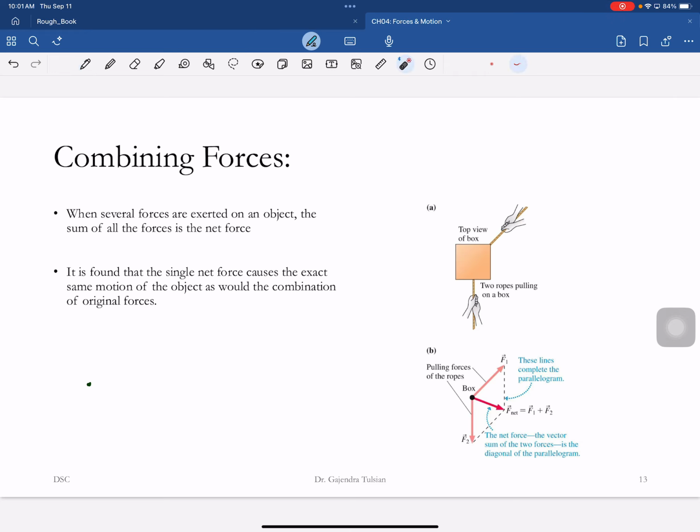Now here's the deal. There's the object. We are going to represent it by this point, and these are the two forces, F1 and F2. Here's what we realized over time.